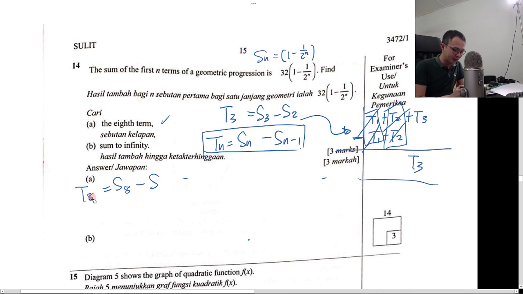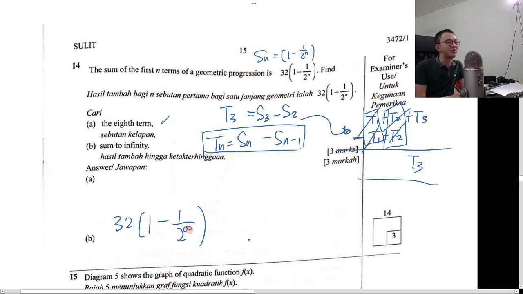Alright, sum of infinity here. This question is a bit tricky, but if you understand, sum of infinity means the n value will become infinity. Imagine 1 divided by an extremely big number.